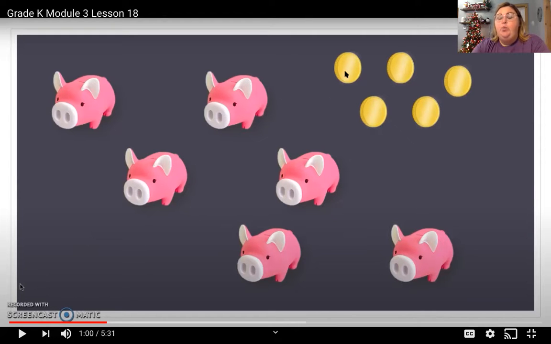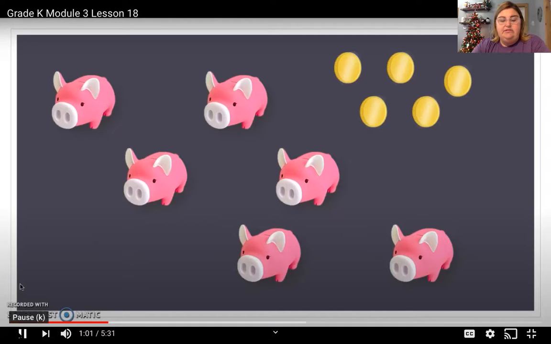Let's see. 1, 2, 3, 4, 5. So there are 6 piggy banks and 5 coins. So I do not have the same, do I? I do not have the same amount of coins as I do piggy banks.